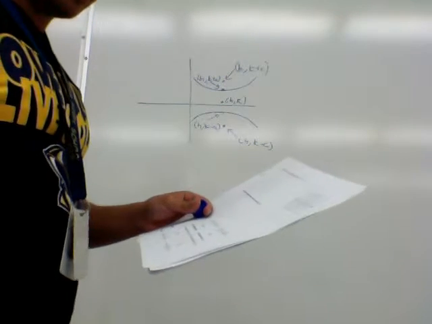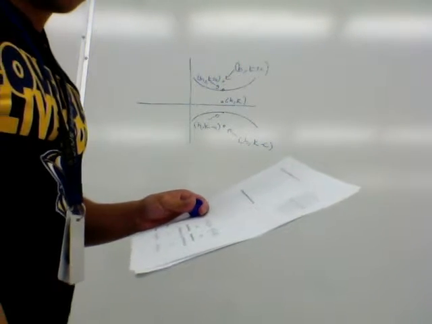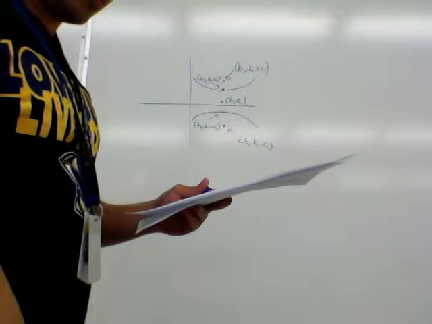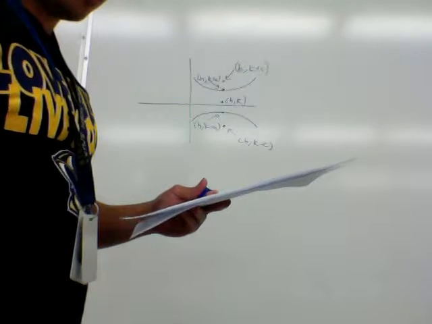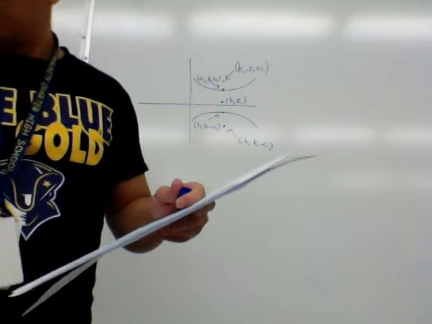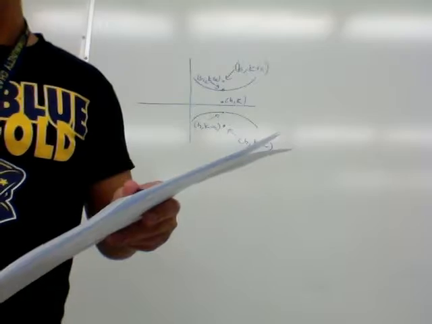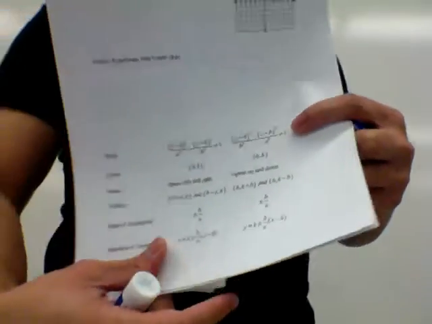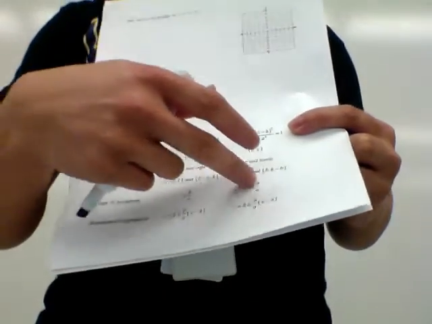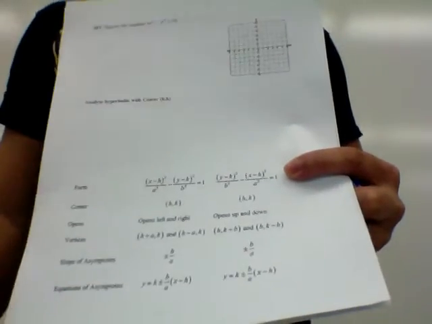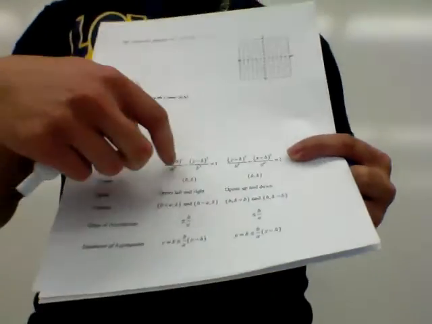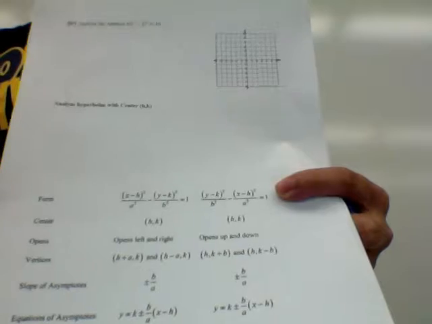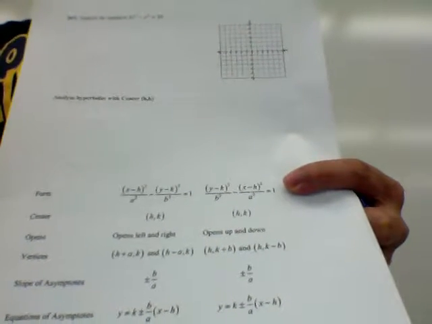I also realized that this table that I copied kind of sucks. I just realized it. There's actually a better table on page 683 in your book, on the bottom, that is a better representation.